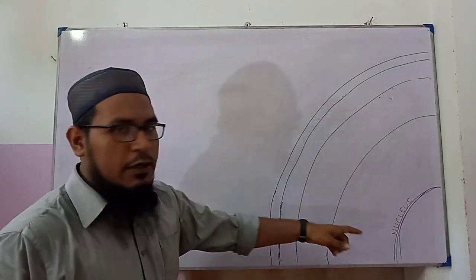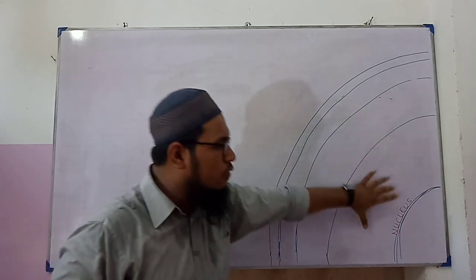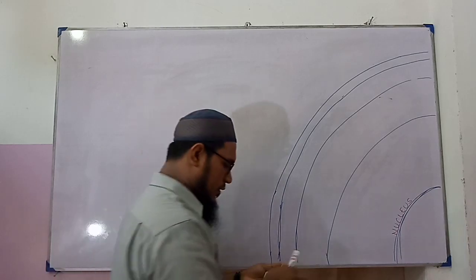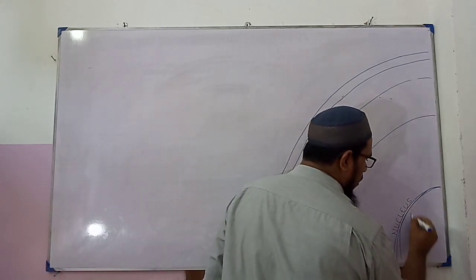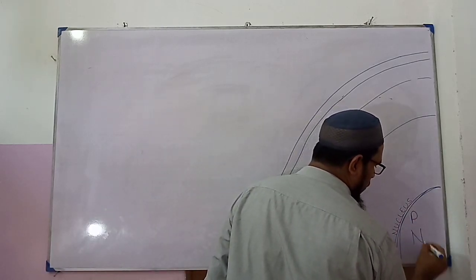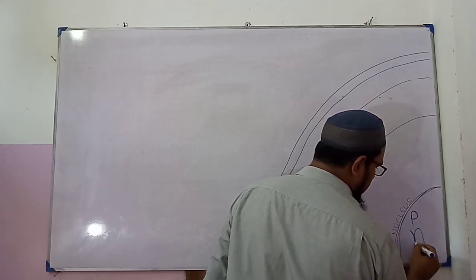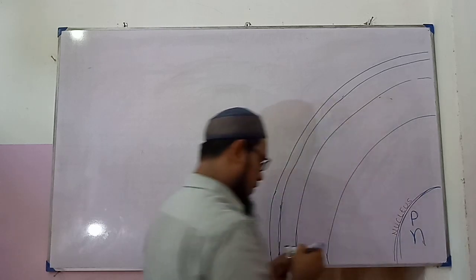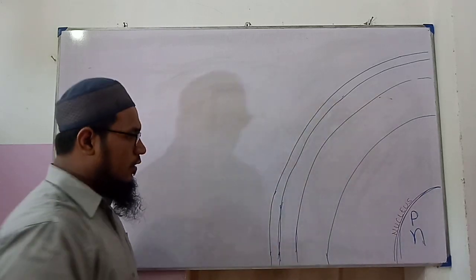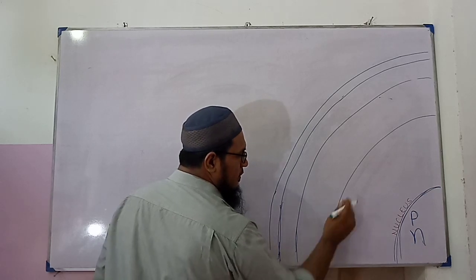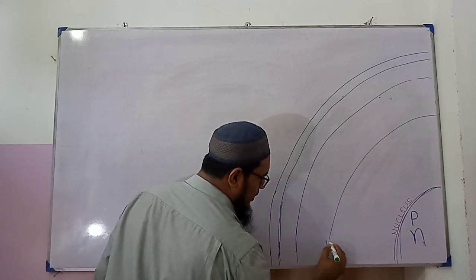What are the subatomic particles present inside the nucleus or the center of the atom? Yes, proton and neutron. Then next to that we have the first energy level.